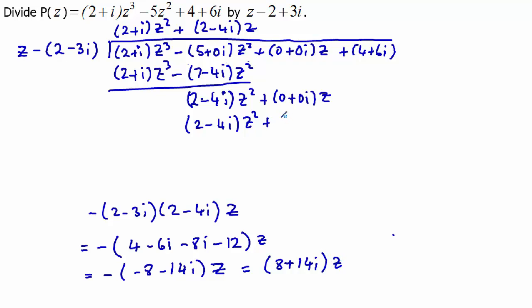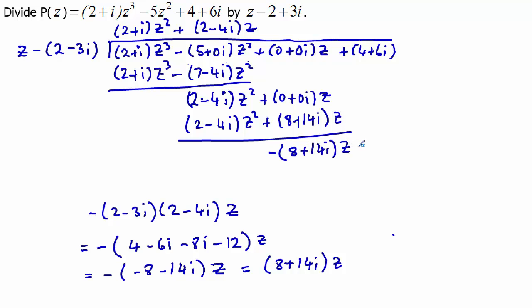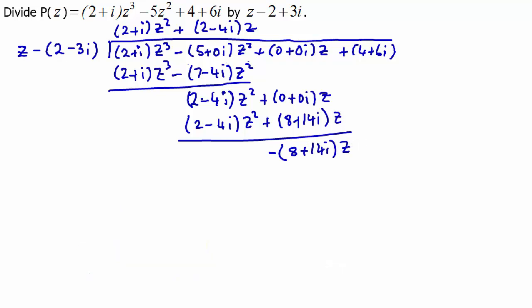So we've got plus 8 minus 14I z's, and we're going to subtract, sorry, let's say plus 14I, so that's going to give us minus 8 plus 14I z's. Okay, and then we'll bring down the 4 plus 6I.